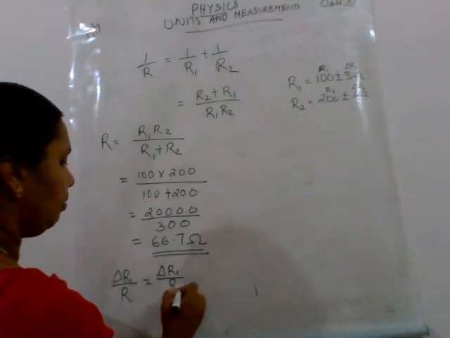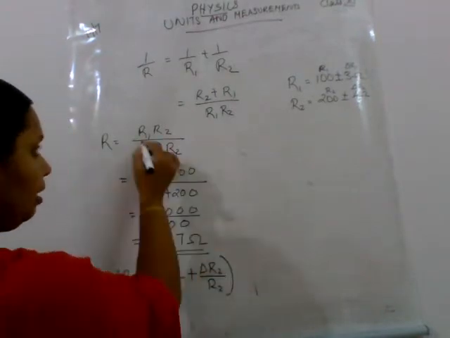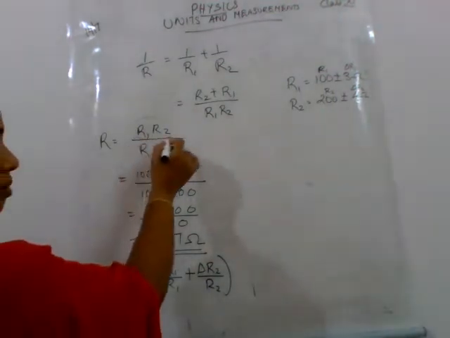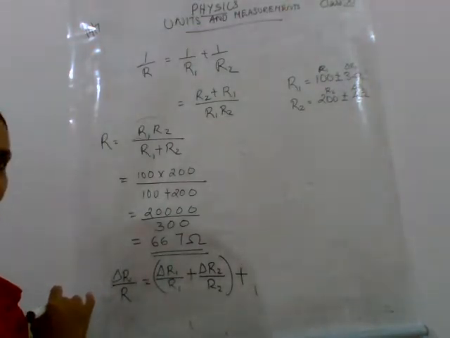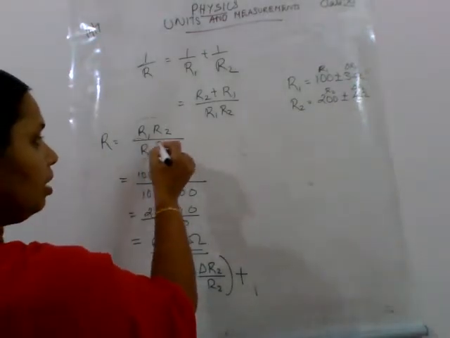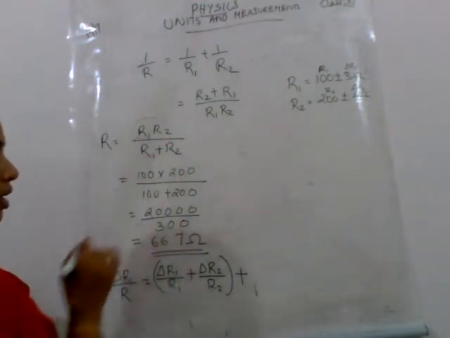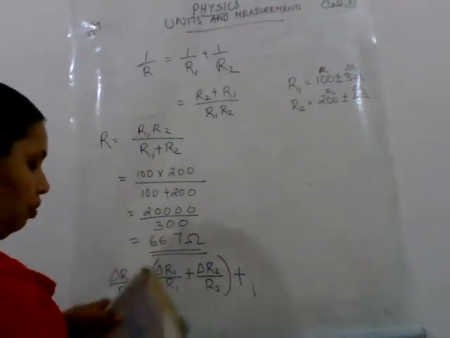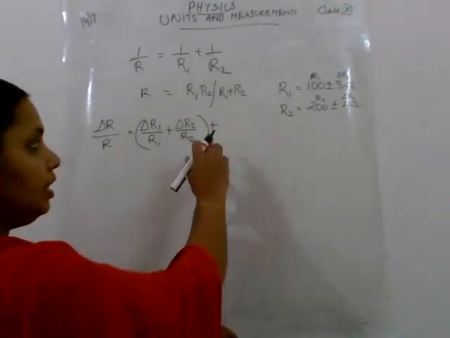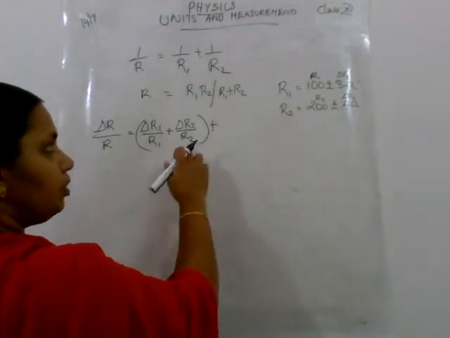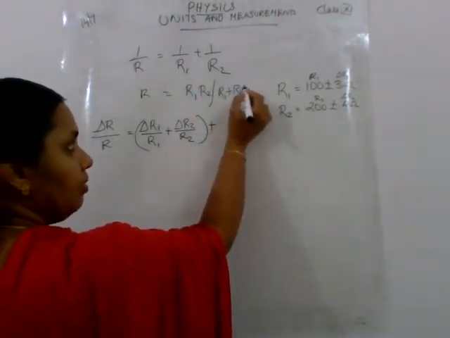So delta R1 by R1 plus delta R2 by R2. That is the relative error in the product. Then here comes the quotient, so plus the relative error of this.